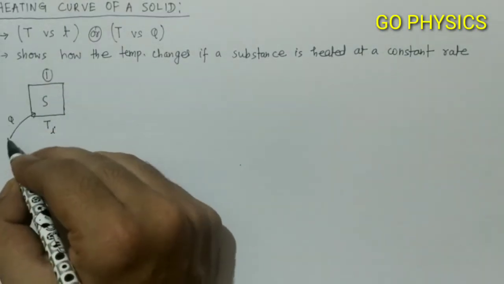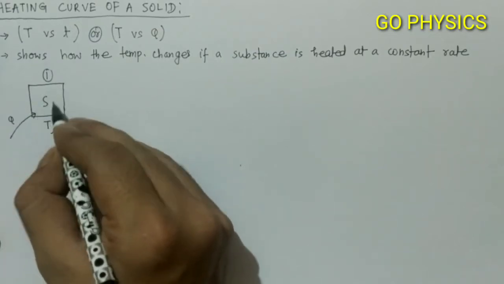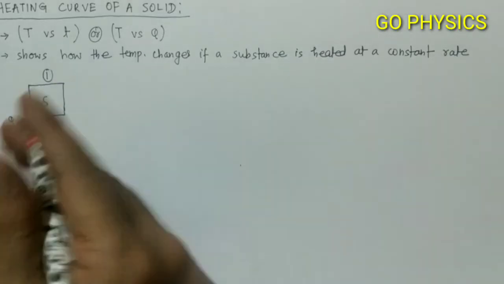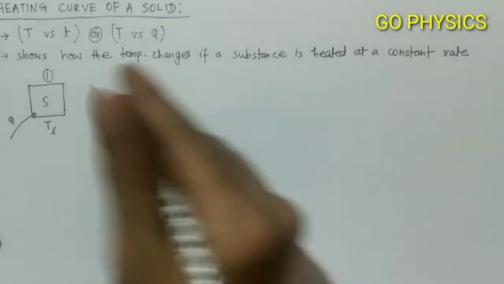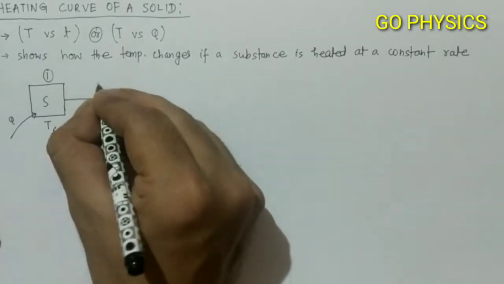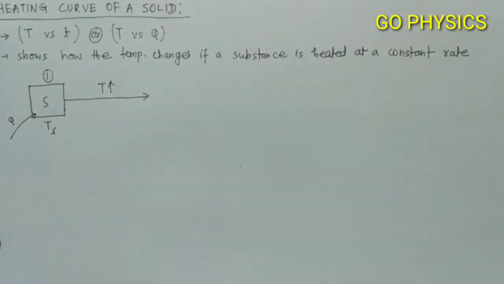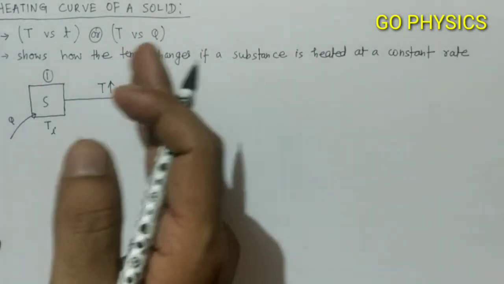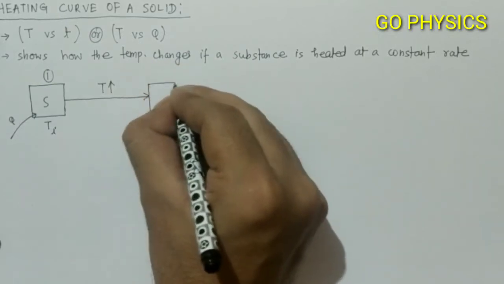Now, since the heat is continuously supplied at a constant rate, the temperature of the solid body will keep on increasing with the passage of time. And the temperature will rise up to its melting temperature first.